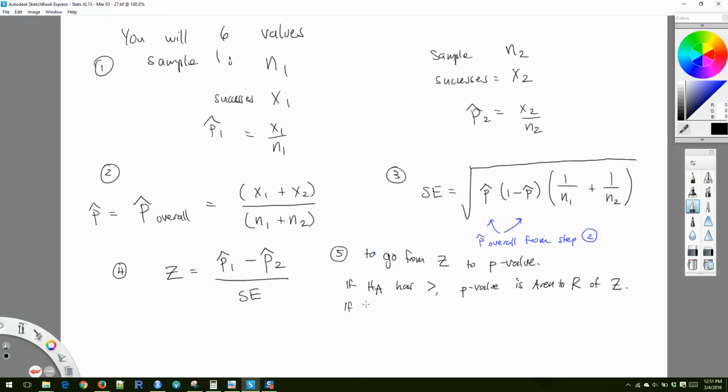And if your alternative has a less than sign, your p-value is the area to the left of z. And then if the alternative has a not equal sign, you find the area away from 0, so that's the tail area, times 2, is equal to your p-value. The tail area is the area away from 0.